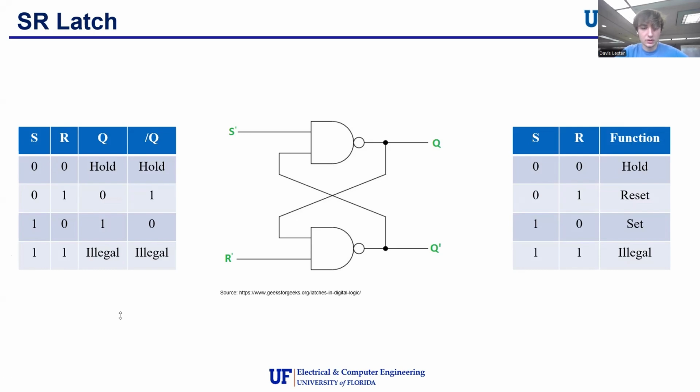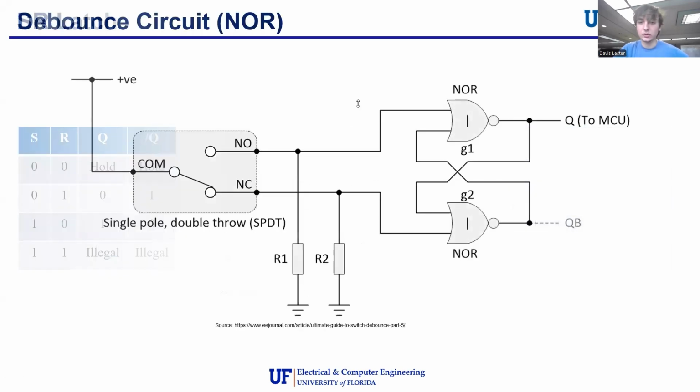Now we can expand this into a debounce circuit. As you can see on the right-hand side, we have a basic SR latch using NOR, and on the next slide, I'll show you using NAND. It's basically the same function. Then we have our SPDT. This is a slightly different image, but it's the same principle. The switch is tied to voltage, and the resistors are tied to ground.